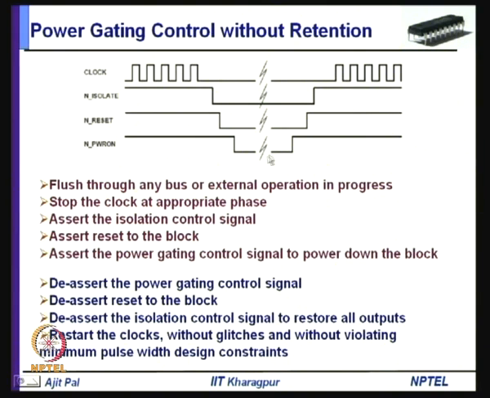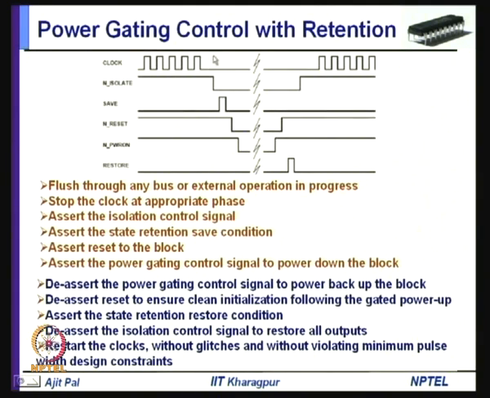Similarly, you have to deassert in the reverse sequence: the power switch is turned on, then you do the reset after it has stabilized, then you deactivate the isolate signal and start the clocking. First you have to stop the clock, and you follow this sequence when you go to low power mode, and this is the sequence you follow when you come back and when the circuit wakes up.